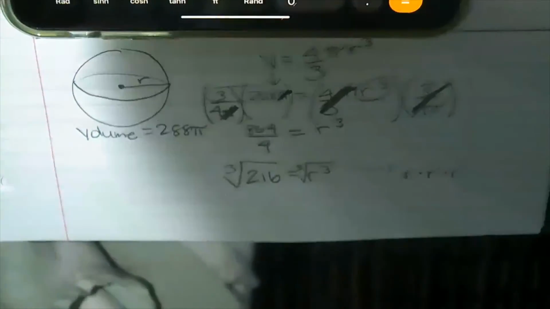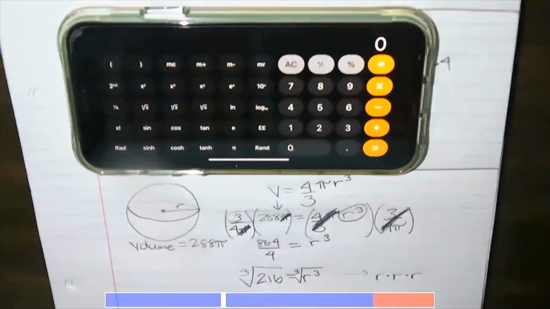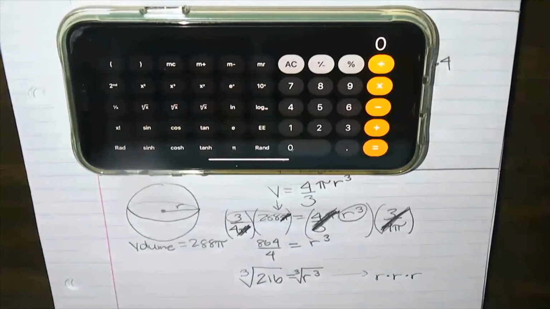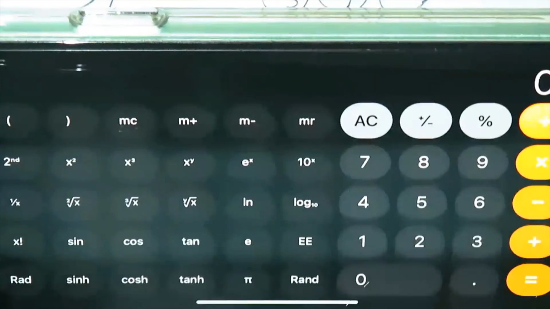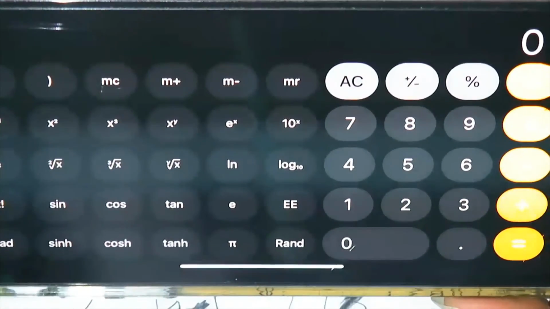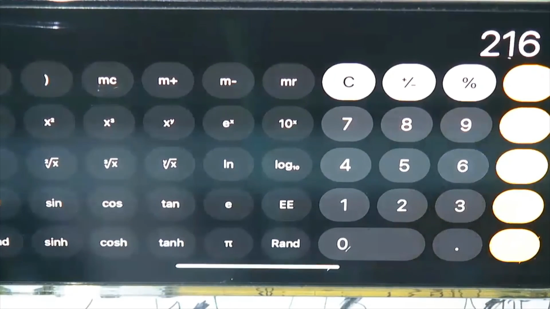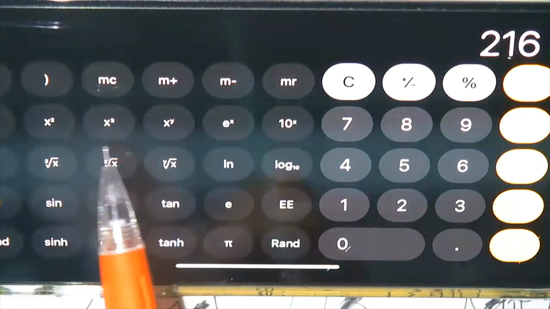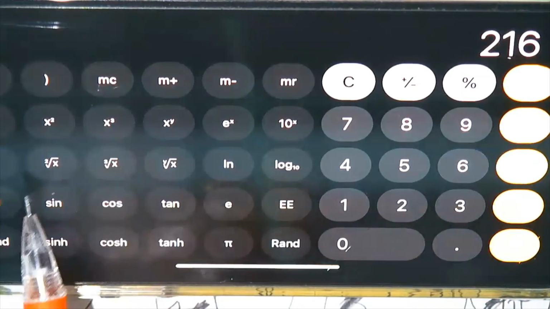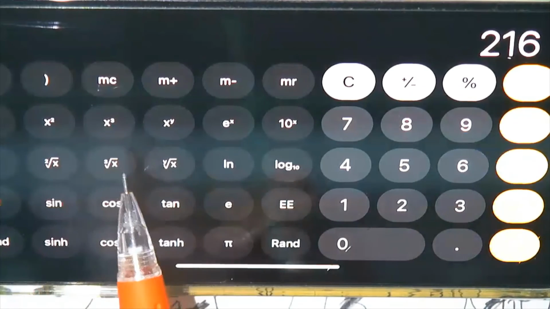Let me shrink this down just a little bit. Actually, I probably want to blow it up so you guys can see. Okay, so what we're going to do, I have 216, and I want the cubed root. Most scientific calculators will have this. The 2 here is a square root. The 3 means a cubed root.